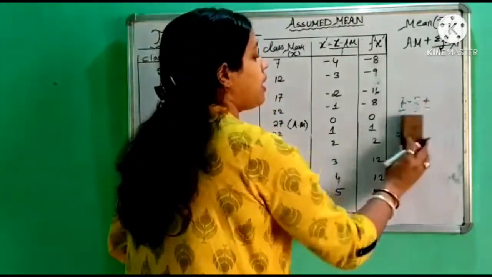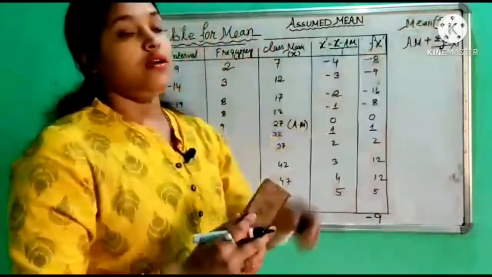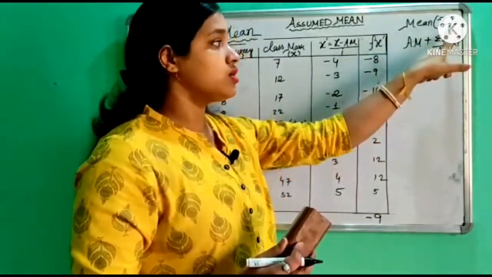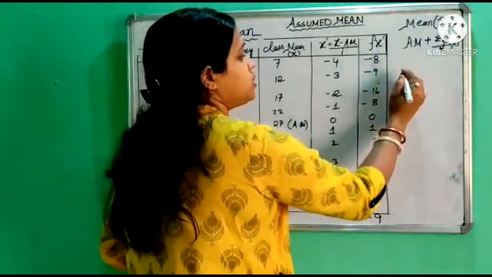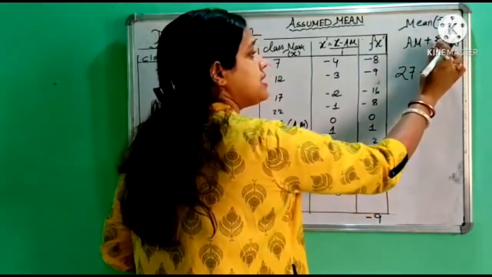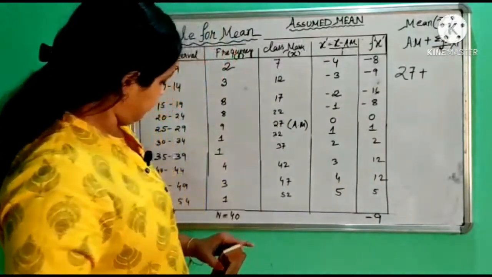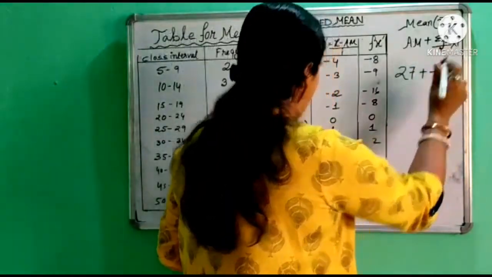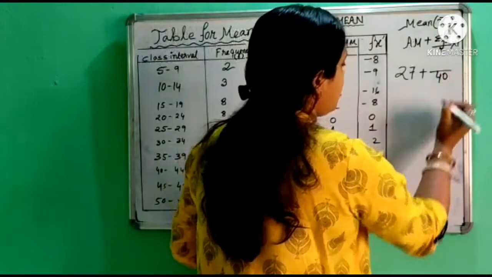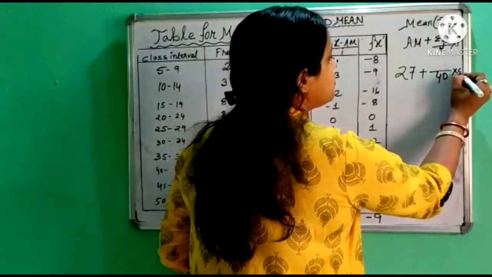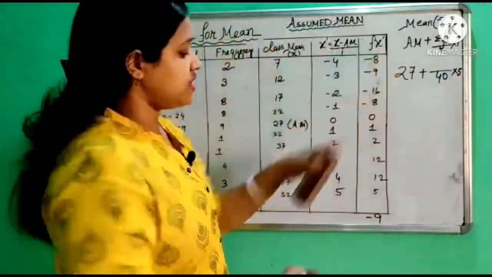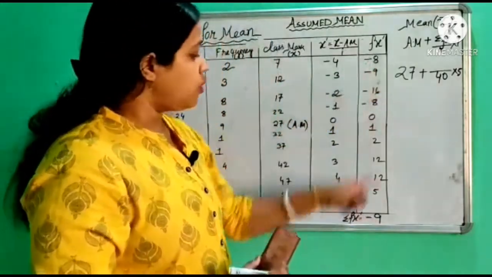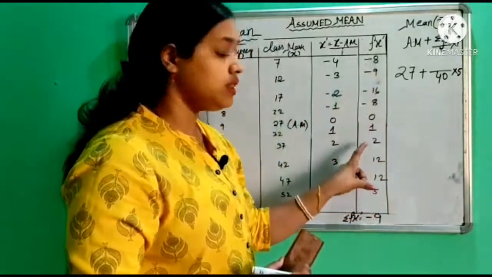Now moving to our formula. The formula of assumed mean is AM plus summation fx dash, divided by n, into I. So here our assumed mean is 27 plus summation fx dash, and here we put n as 40, the length of interval is 5, and summation fx dash is minus 9, because in this way we add all the minus values and all the plus values.